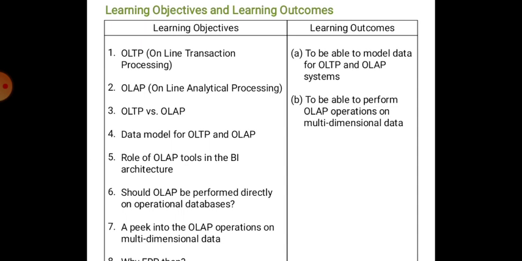One is OLTP, that is online transaction processing. Second, OLAP, that is online analytical processing. We'll be studying this. Then we'll be comparing OLTP versus OLAP. Fourth, we'll be trying to understand data model for OLTP and OLAP.